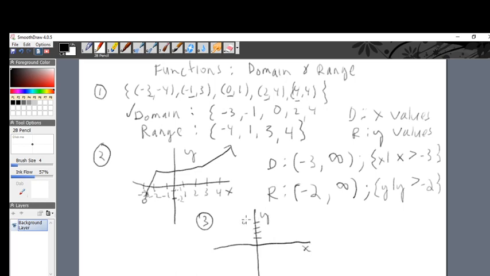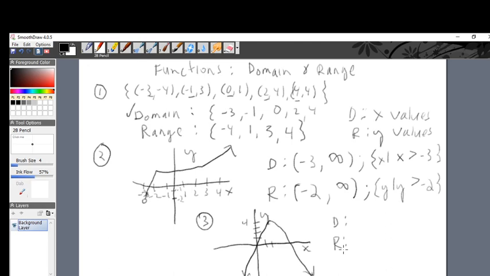So this is a 4 up here. And it extends 1, 2 to the left, and 1, 2 to the right. And right over here, we have a parabola going downwards. So what is the domain and what is the range?